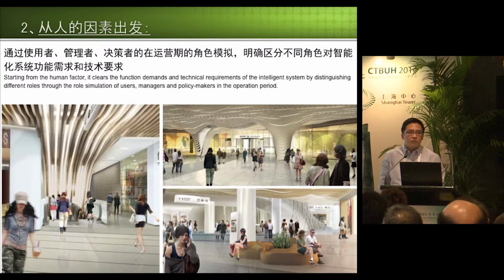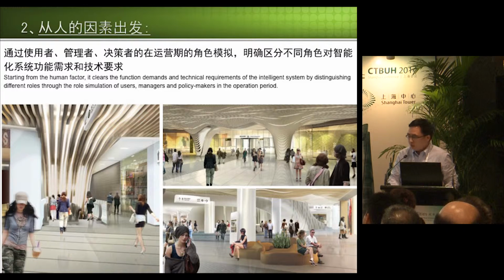For example, we can imagine that some people would like to go from the ground level to the top level for observation, and these people will go through the elevators and some other queuing lines. So we have to make sure that all these audio systems and camera systems are working well.